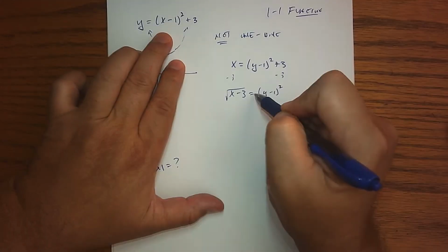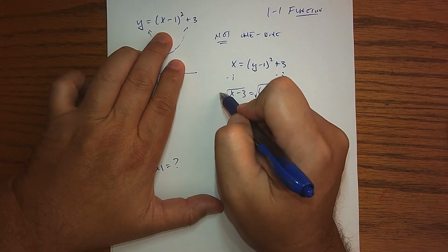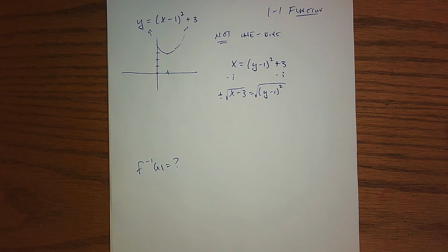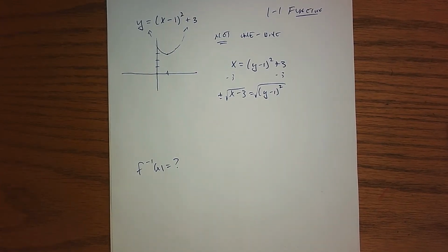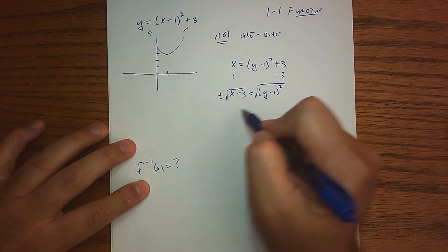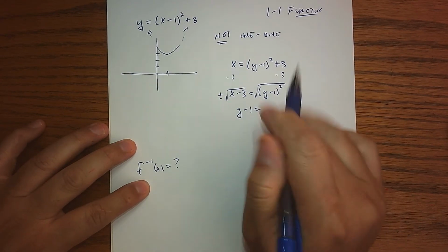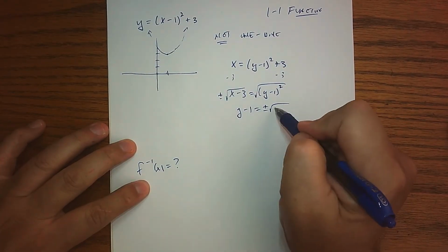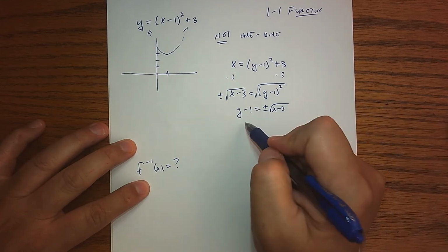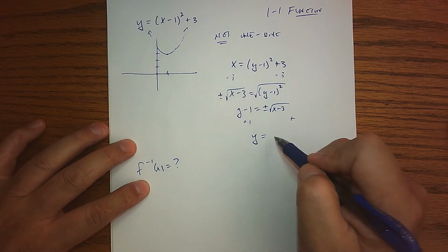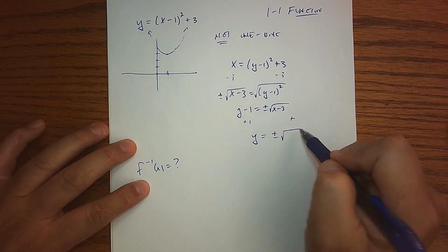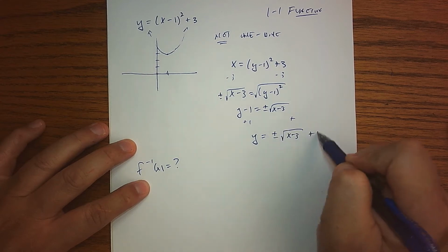Now when I take a square root here, what we have learned is I have introduced a plus minus to the problem. There's a plus and there's a minus square root to this. So let me rewrite this as y minus 1 equals plus or minus the square root of x minus 3. And if we now add 1 to both sides, we get that y is plus or minus the square root of x minus 3, plus 1.